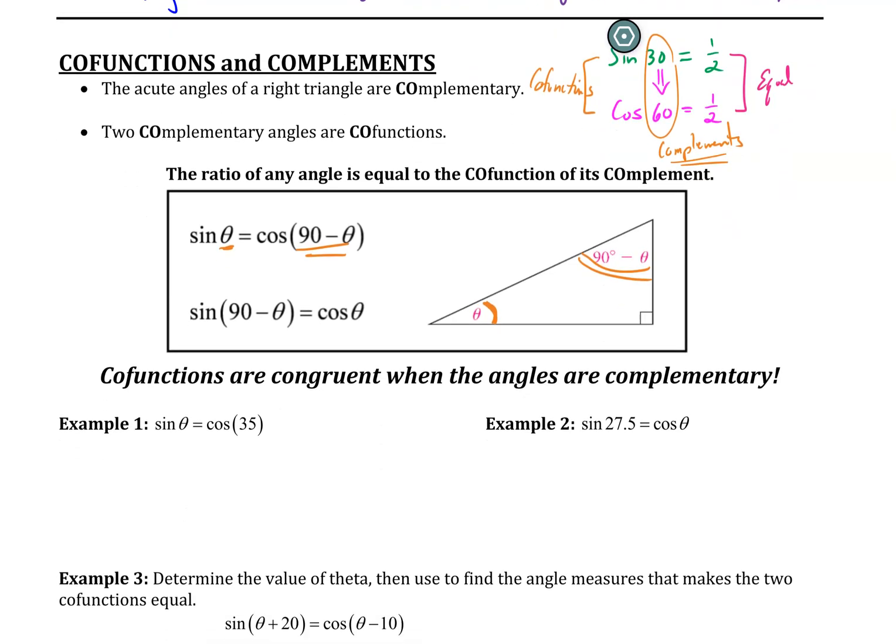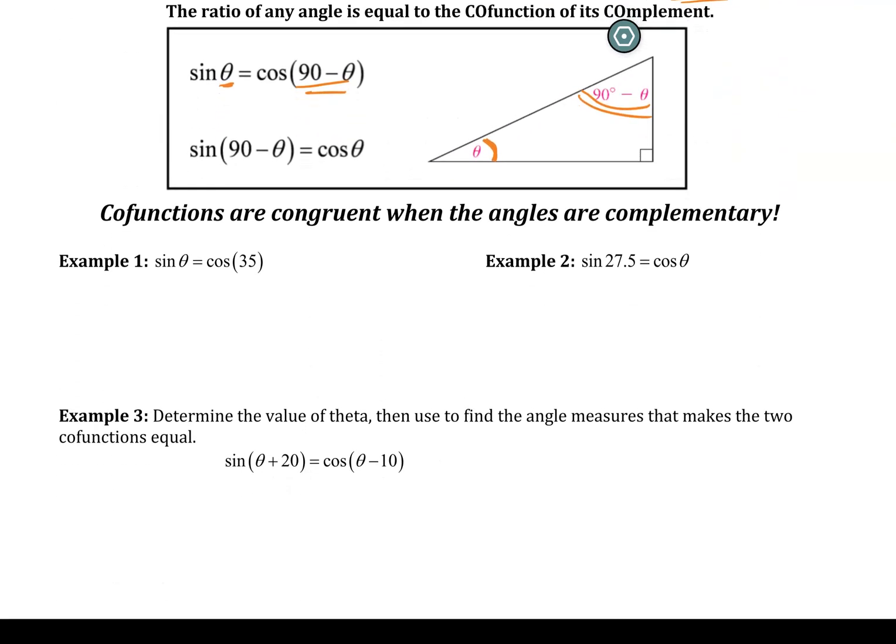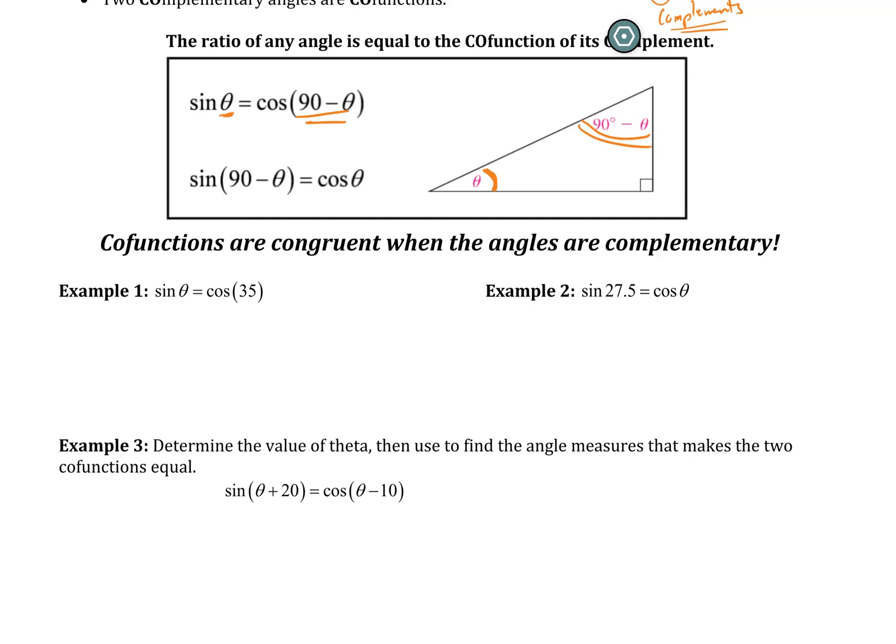So let's take a few examples to see the types of questions that might pop up here. The first one says that sine of theta is equal to cosine of 35. Again, we have cofunctions that are equal, so that means the angles must be complementary.